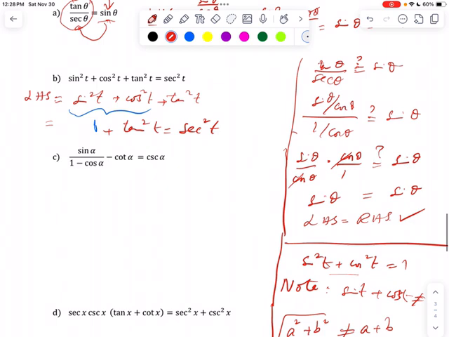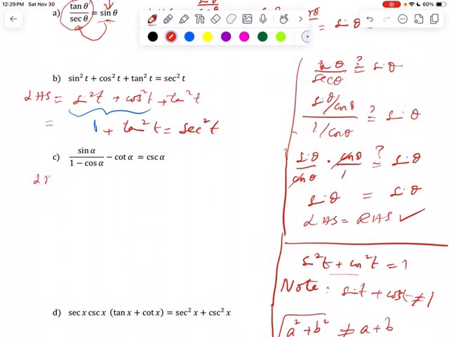Okay, looking at this part C, I think this is something we have seen before, but anyhow, you can see there is a sine, cosine, and then we have cotangent and cosecant. So what does that suggest? That I convert the secant and cotangent into sine and cosine.